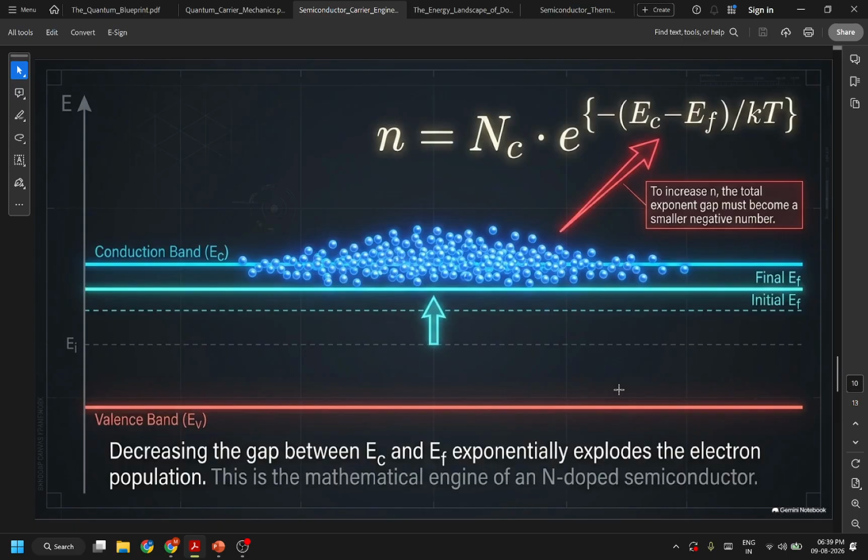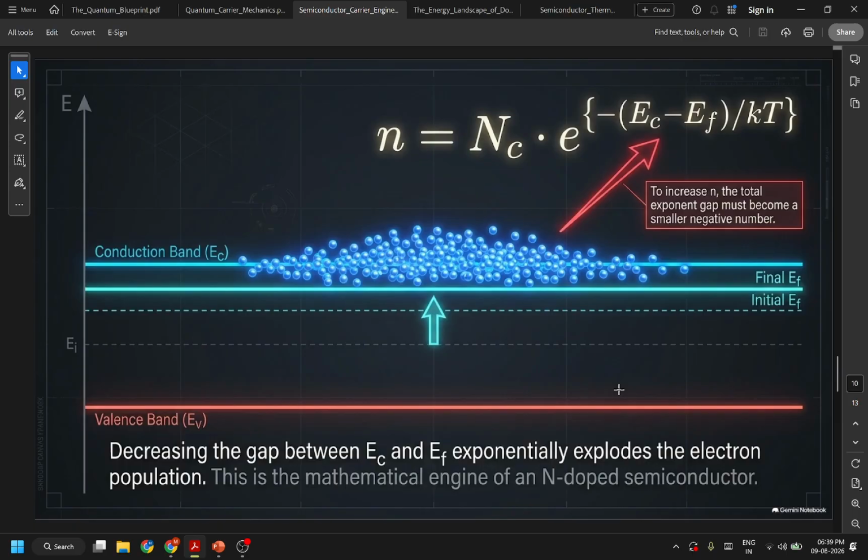So we know n is given as Nc times e to the power minus (Ec minus EF) by kT. So if we reduce the value of Ec minus EF, then n will increase very much. So to increase n, the total exponent must become a smaller negative number.